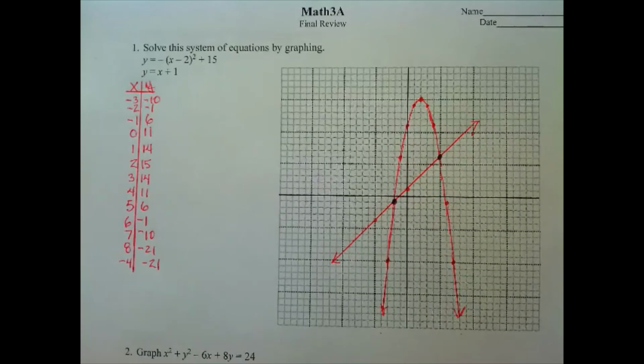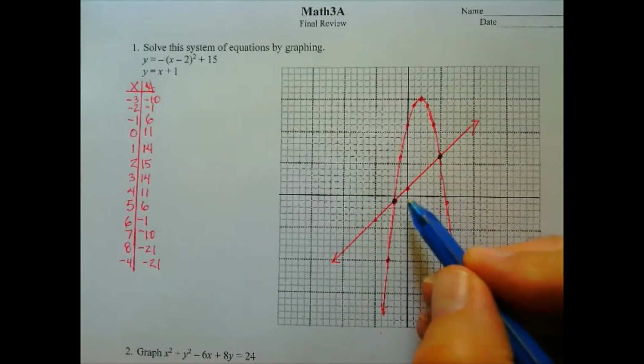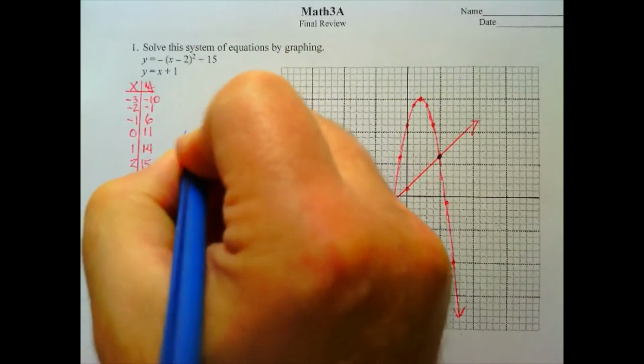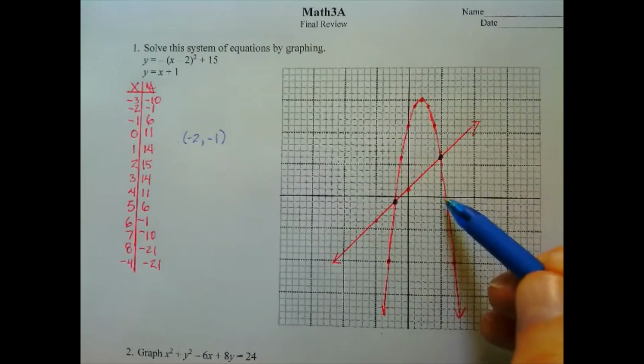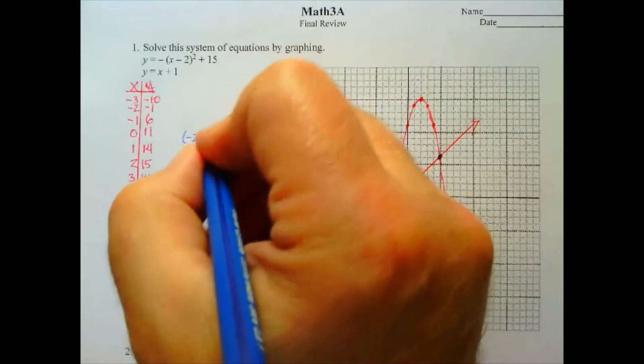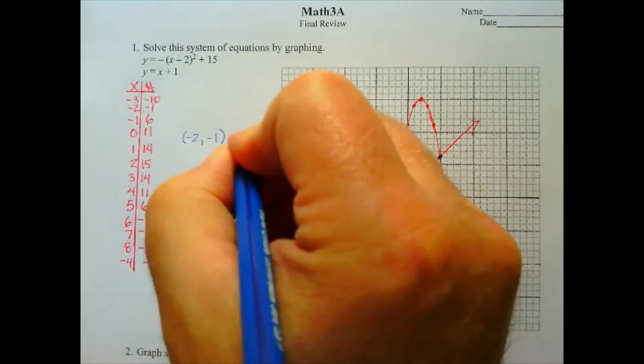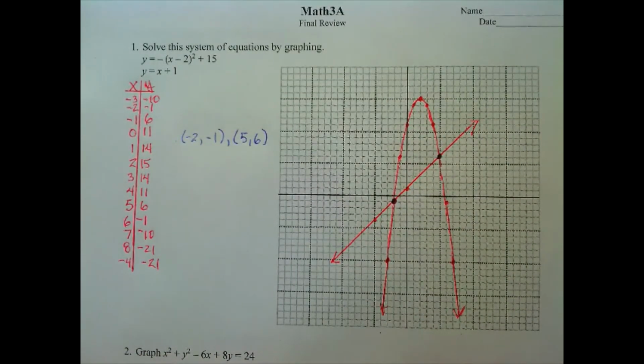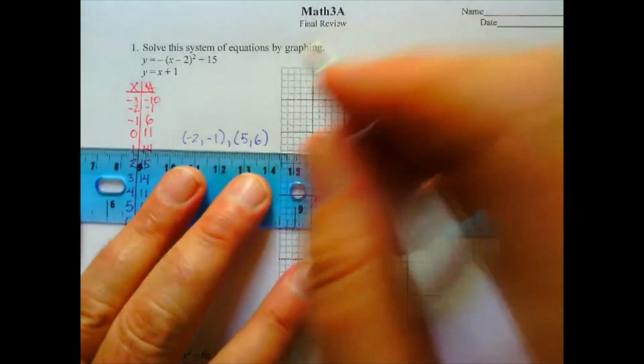And so our solutions, in this case, we have a negative 2, negative 1. And up here, we have 5, 6. And so these are the solutions to our problem.